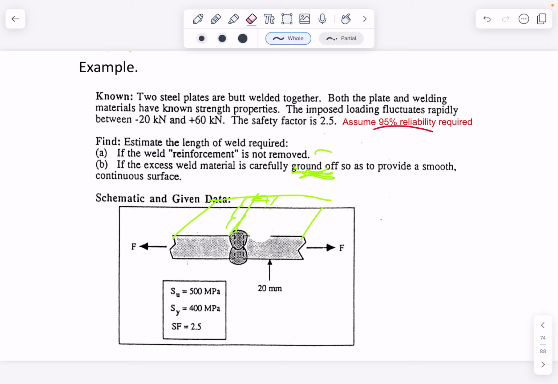All right? When we're talking about ground, what we're really talking is a nice fine grind that's in the direction where the stresses are going to work, so there are no stress concentrations to precipitate a failure. So again, carefully ground to provide a smooth, continuous surface.